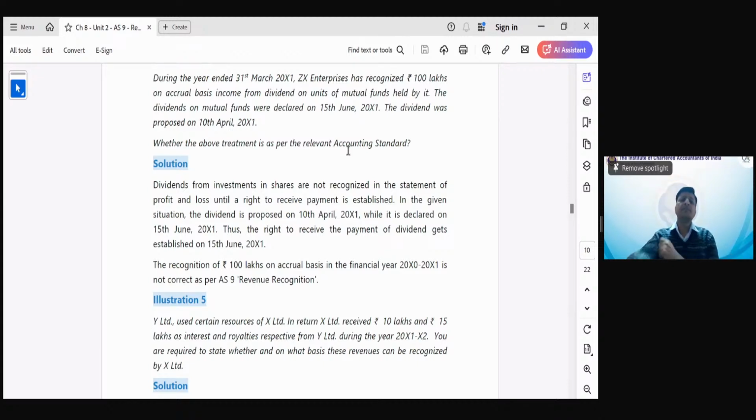Moving further, let me quickly recap. We talked about the conditions for revenue recognition in respect of sale of goods or services, then we talked about interest, royalty, and the revenue recognition criteria for dividend.